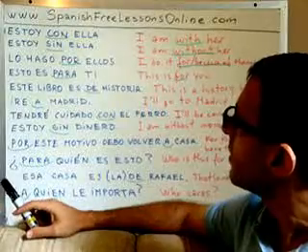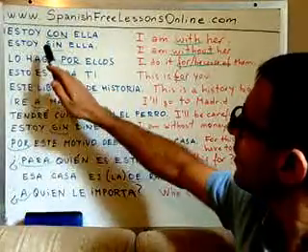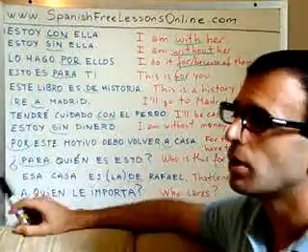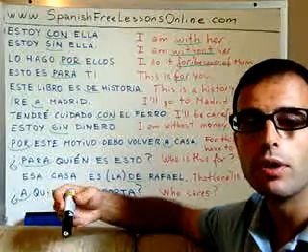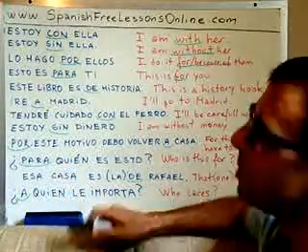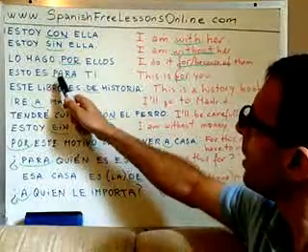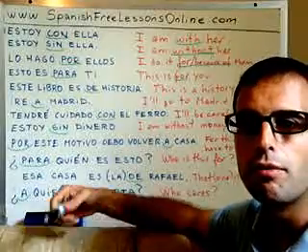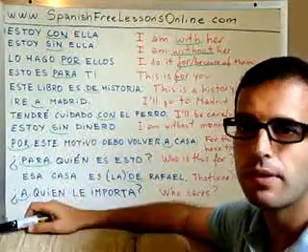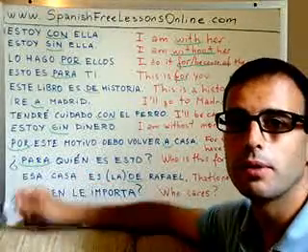This means, in English, con means with, sin means without, por means for, but in the sense of because of, right? Because of something or because of somebody. Para means for somebody. De means of something or of somebody, okay?